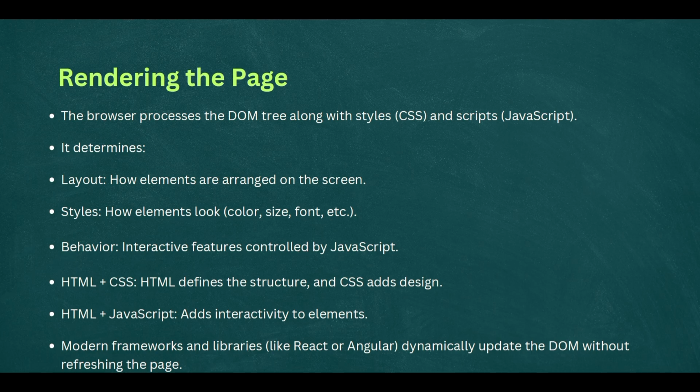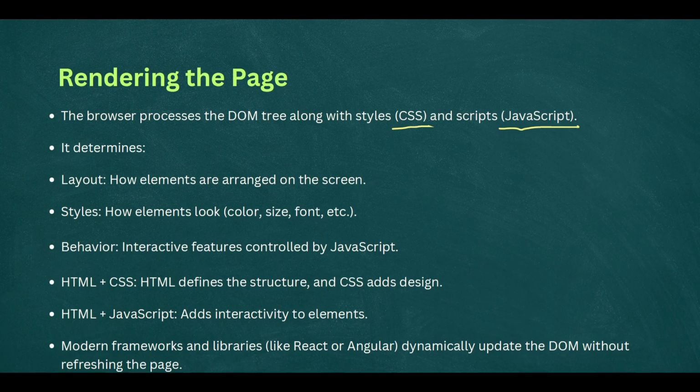We will try to understand these. The browser processes the DOM tree along with the styles and scripts. With the HTML there can be CSS styling and interactivity, something like clicking a button, adding a new node, adding a new element, or removing some element.